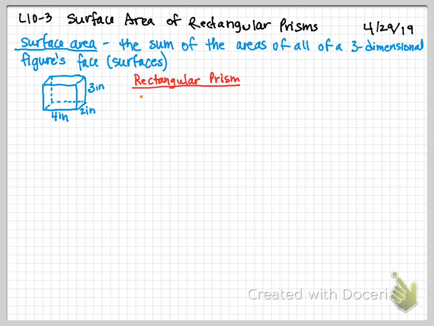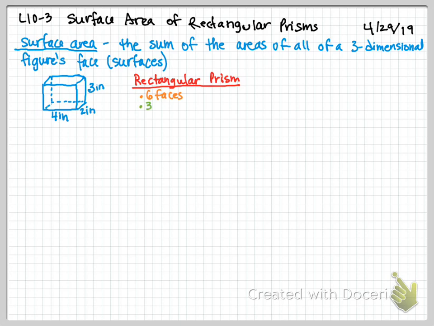The surface area of a rectangular prism has a couple of interesting things. First, there are 6 faces, which means I need 6 areas to figure out the whole surface area. Now what's interesting is that we do have some matching areas on all rectangular prisms.